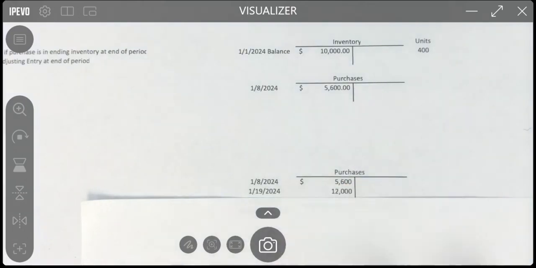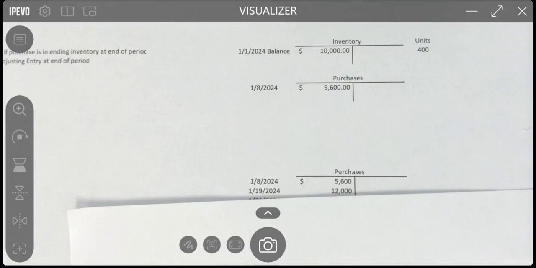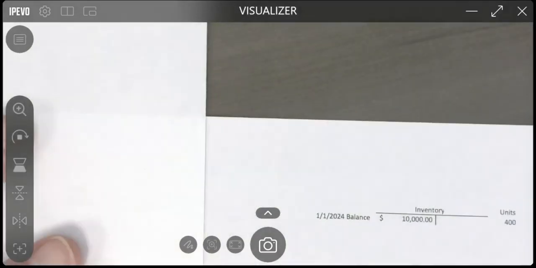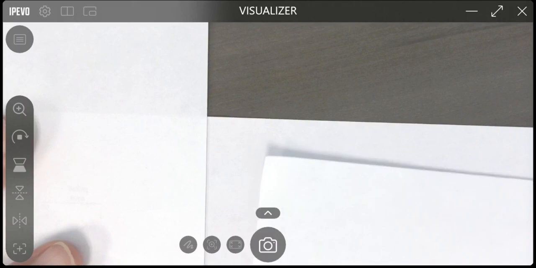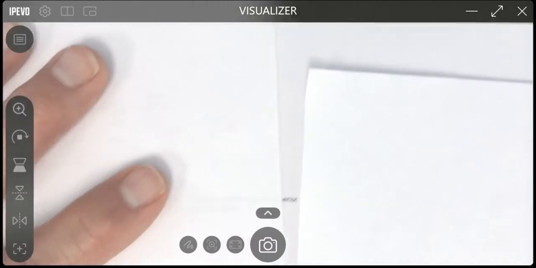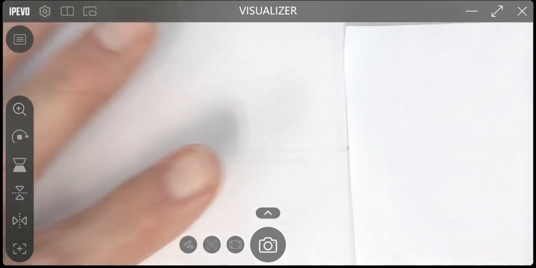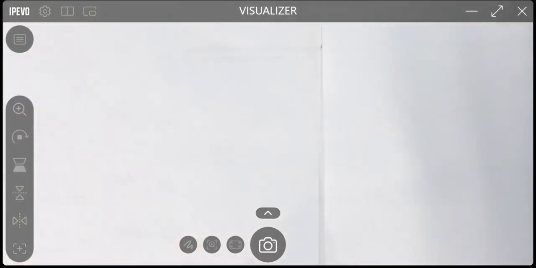All right. And now we come to the end of the month and we have to determine the appropriate inventory and cost of goods sold balance for the month.